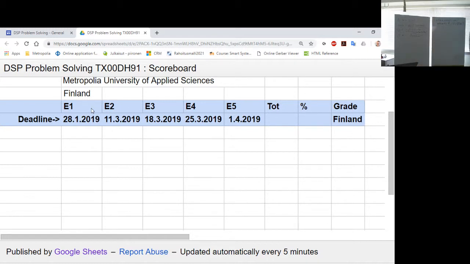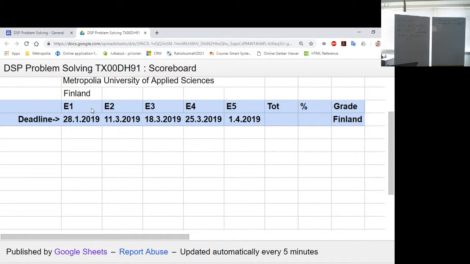The first exercise deadline is on Thursday, which is the last day I will be here. On Friday, I will be in Shinjuku already. And on Sunday, I will be back in Finland. Oh, sorry, that should be, of course, February, not January.